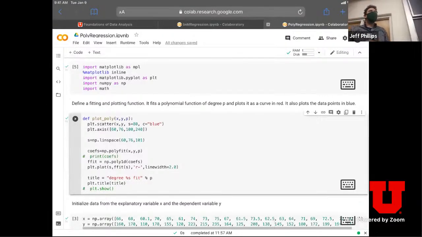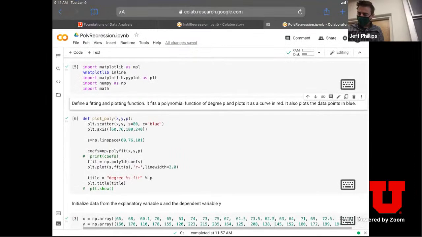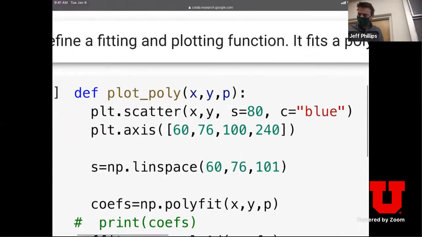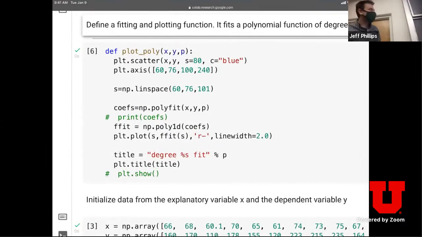And I'm going to find the coefficients with this built-in function called polyfit. I can make this a bit bigger. Maybe too big. Polyfit allows me to pass in a parameter p, which says what degree my polynomial is.